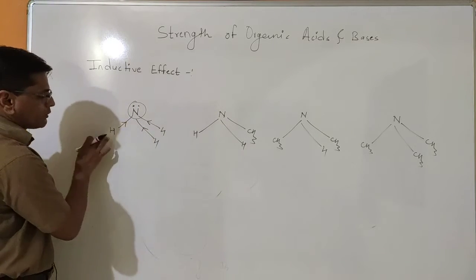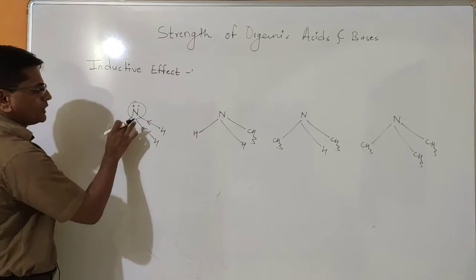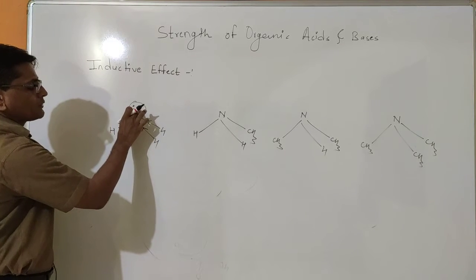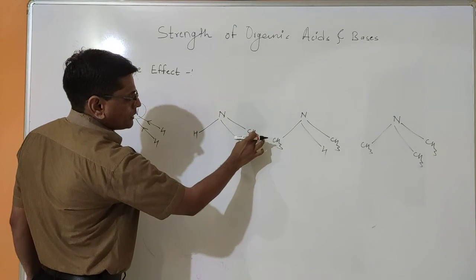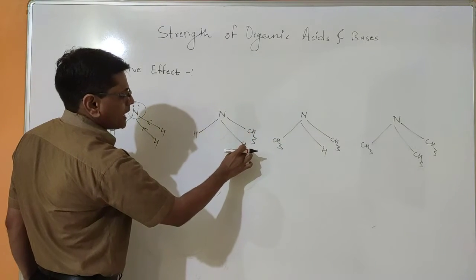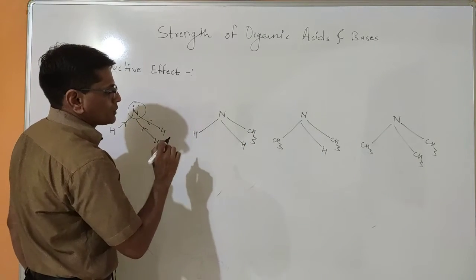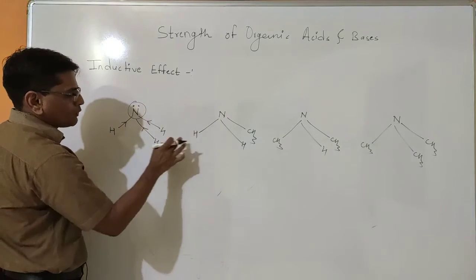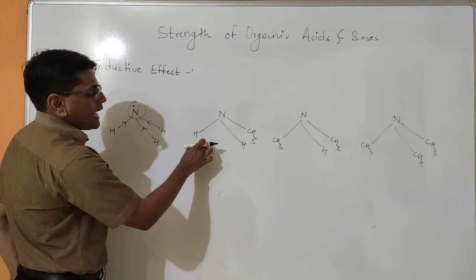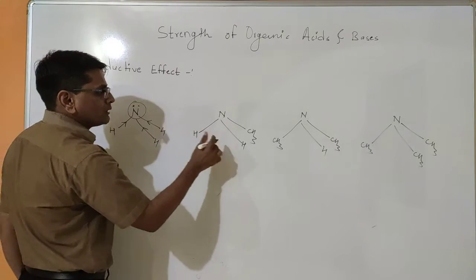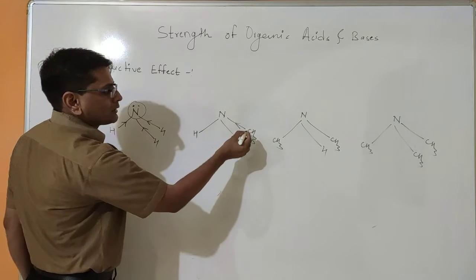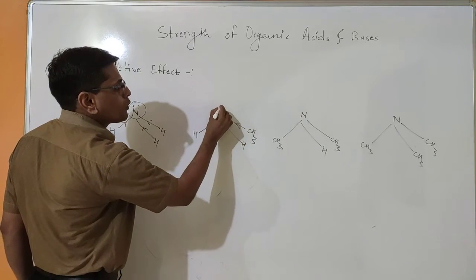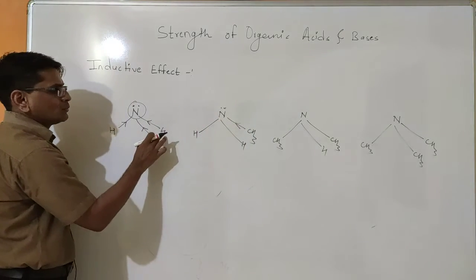Now here three hydrogens are there. All these three hydrogens donate the electron to the nitrogen, which makes the nitrogen electron rich. Now here one substituent is a methyl and the other is a hydrogen atom. When we compare these two molecules, as compared to hydrogen, the methyl group will donate more electrons. It makes this nitrogen more electron rich as compared to hydrogen.